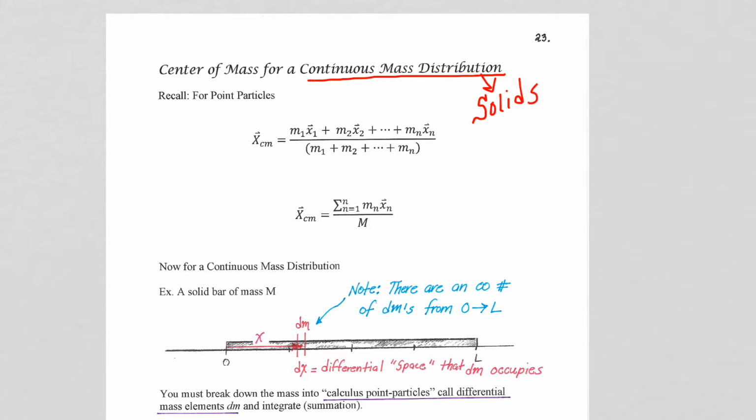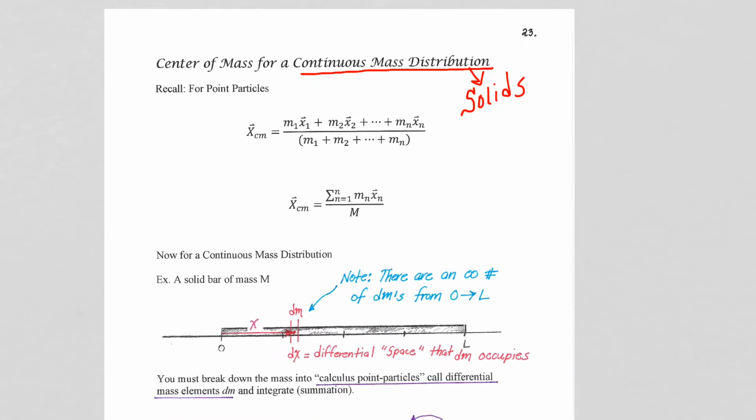And just to remind ourselves of the center of mass calculations for point particles, we took the center of mass of a system of point particles based on m1, x1 plus m2, x2 through all the other masses and positions that are part of the system, divided by the total mass, and we get our center of mass, those weighted position vectors.